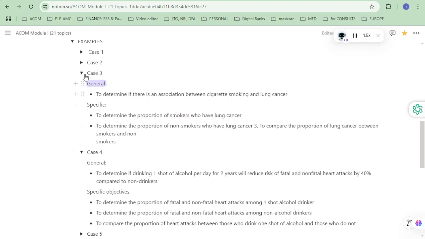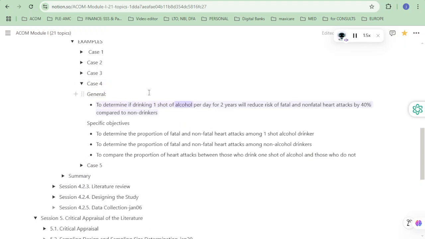General: to determine if drinking 1 shot of alcohol per day for 2 years will reduce risk of fatal and non-fatal heart attacks by 40% compared to non-drinkers. Specific objectives: to determine the proportion of fatal and non-fatal heart attacks among 1-shot alcohol drinkers; among non-alcohol drinkers; and to compare the proportion of heart attacks between those who drink 1 shot of alcohol and those who do not.